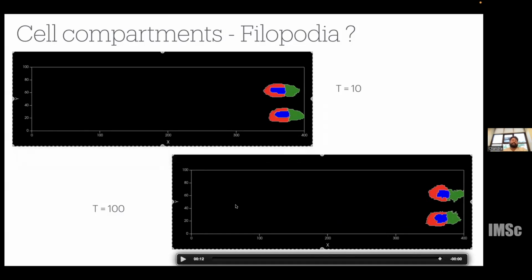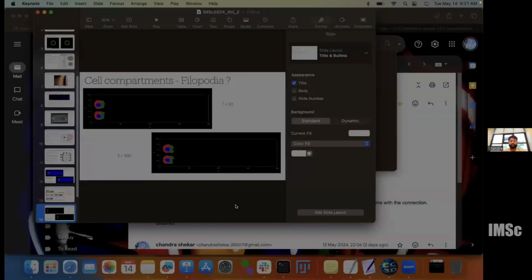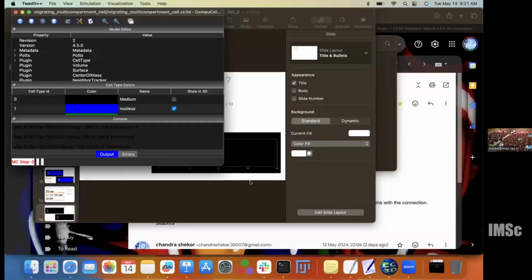Is it a good proxy for filopodia? I don't know. But I just wanted to tell you that sometimes you can have a cell with sub-regions that have very different physical properties, and the way to do this is by compartments.